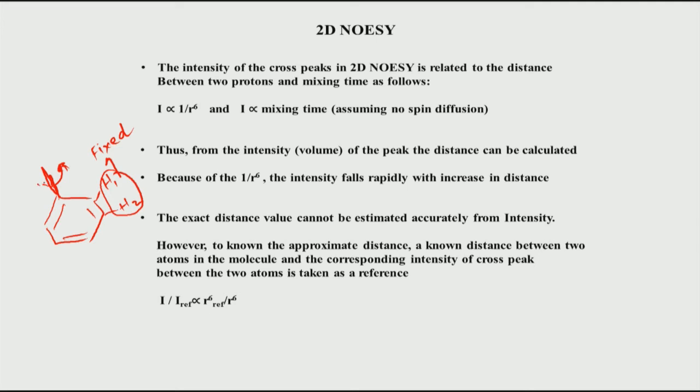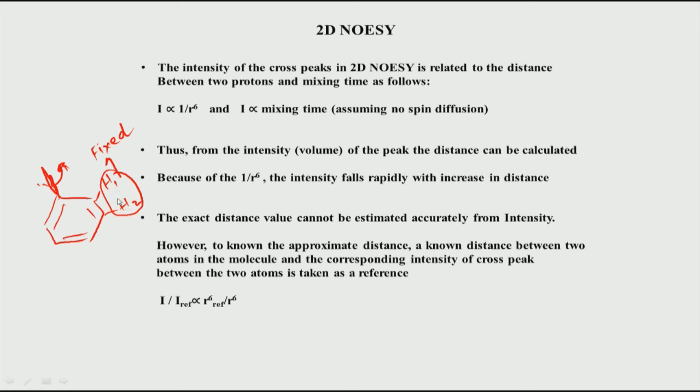This rotation will only change the distance between this hydrogen and some other hydrogen, but between the two hydrogens marked here, the distance between H1 and H2 is fixed even if there is a rotation. So, if I know this distance, how will I know it? We know it from the standard geometry or structure of any aromatic molecule.